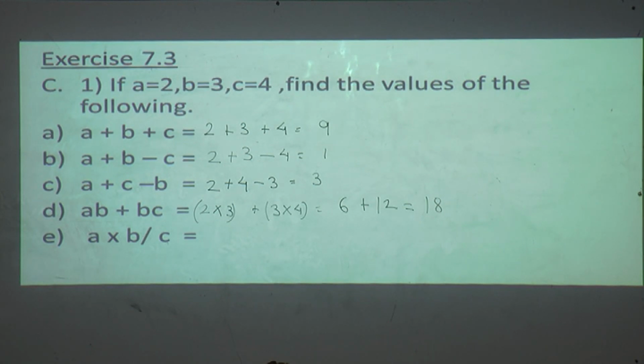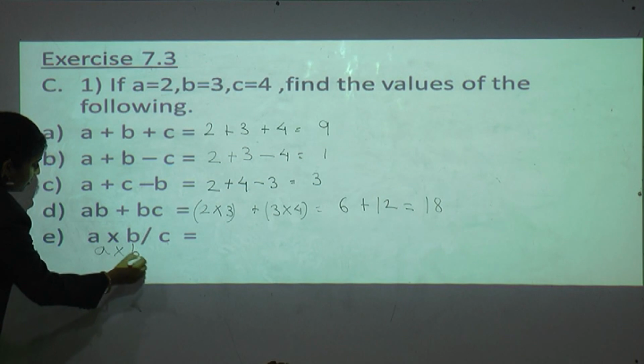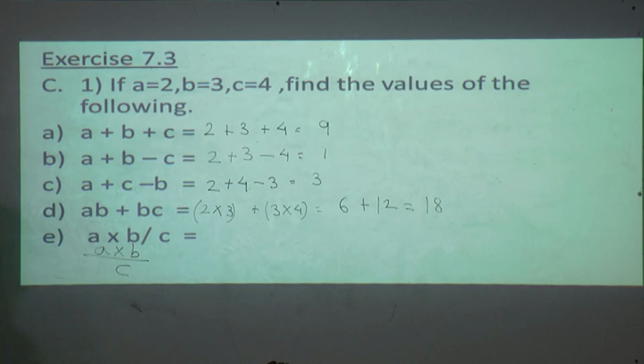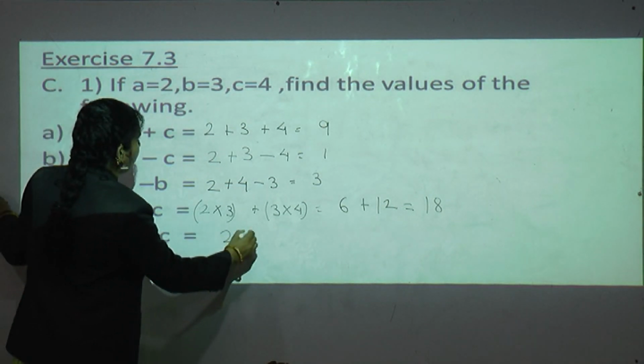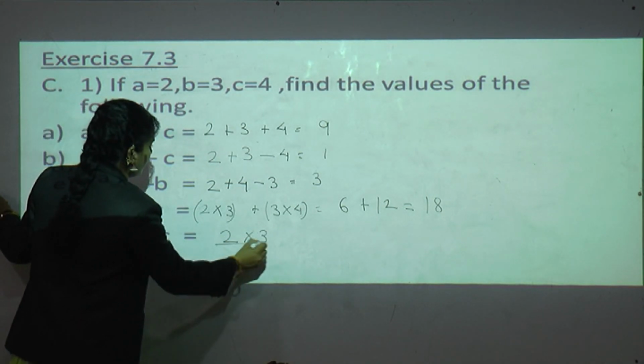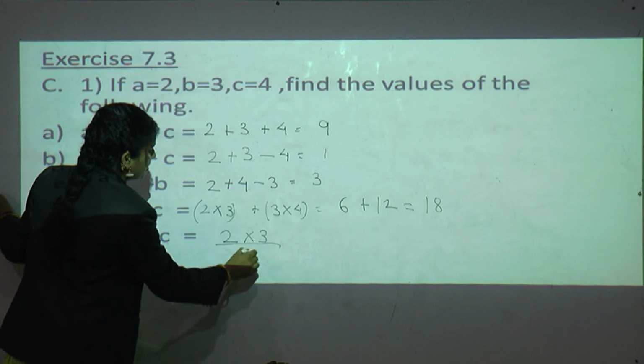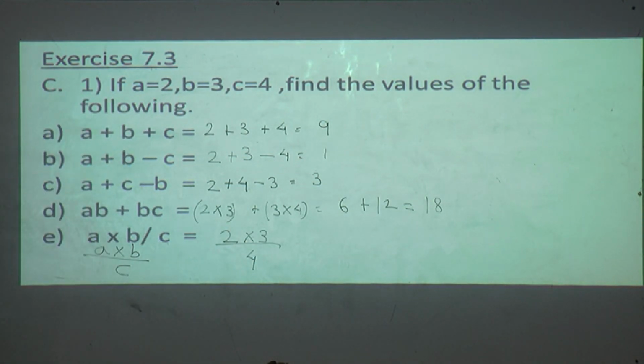Now even. Okay. Here A multiplied by B upon C. Here in textbook, this is the question. So A multiplied by B means what, students? 2 multiplied by 3 divided by C. That means 4. Okay.